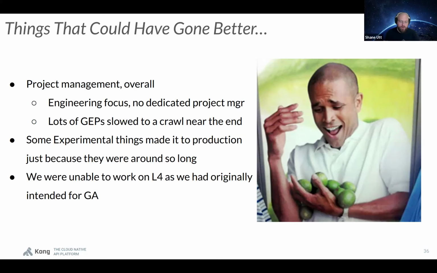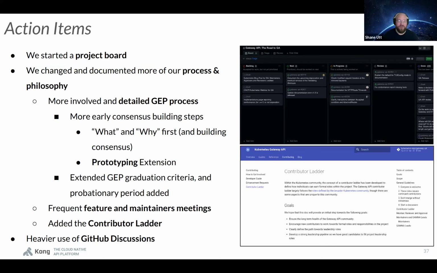We changed our entire process and philosophy during this time too. Like the GEP process, we wanted it to be really lightweight at first, and it still is pretty lightweight, but we had to add some things to organize work better in the pipeline. We had to come up with some early consensus steps.